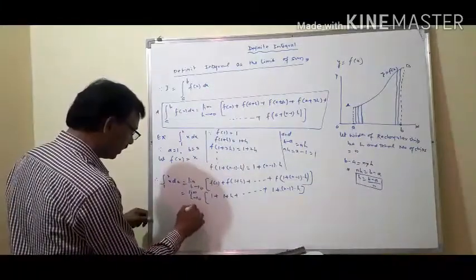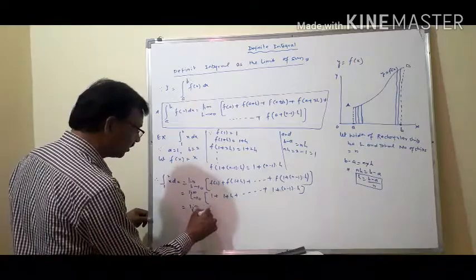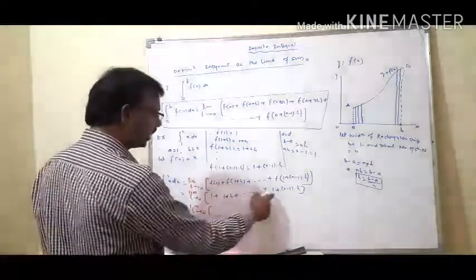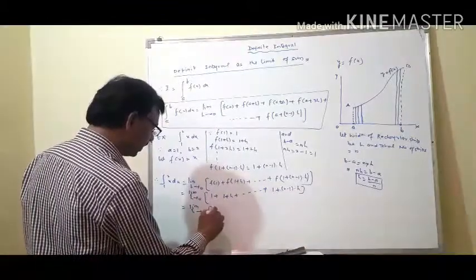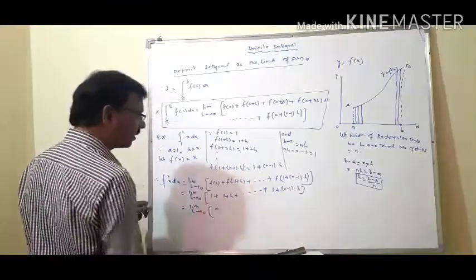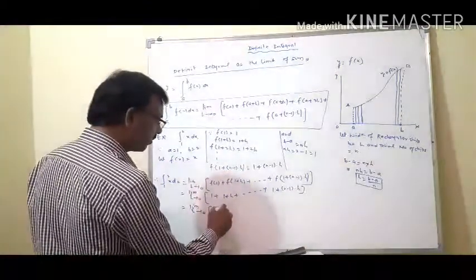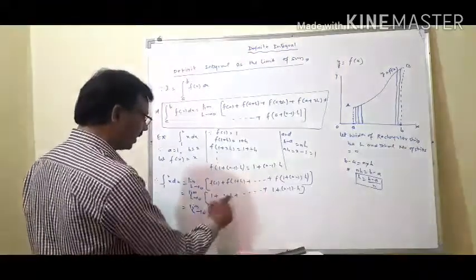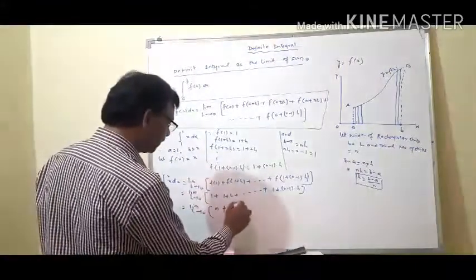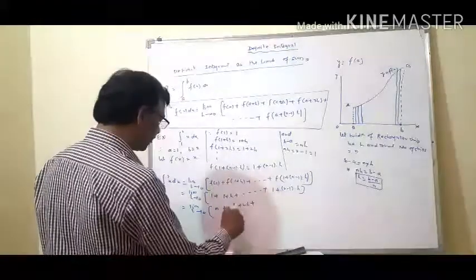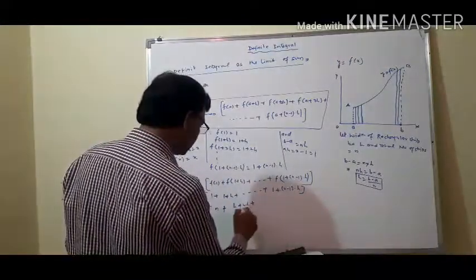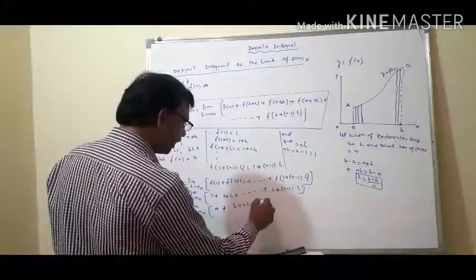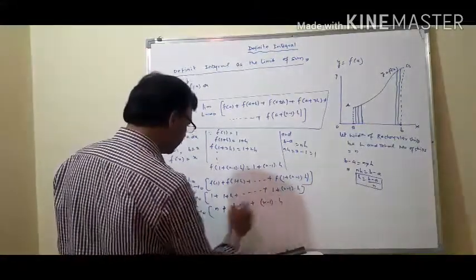Here 1 is added n times, so this will be n plus h plus 2h plus and so on, plus n minus 1 into h.